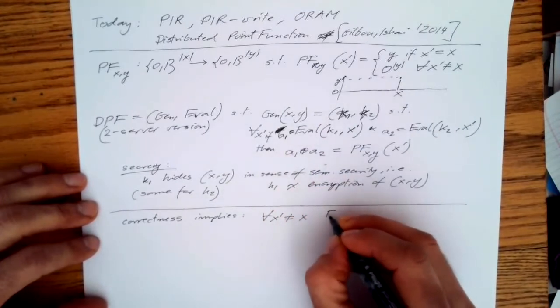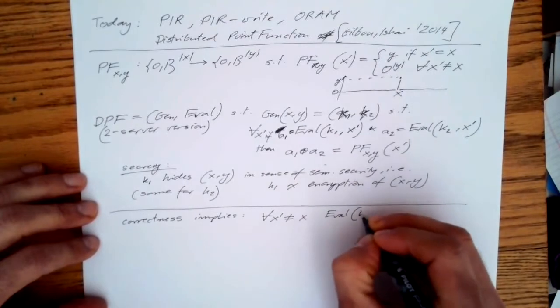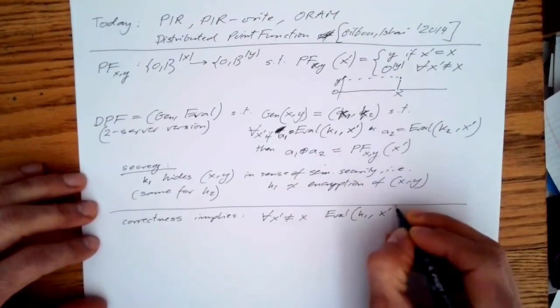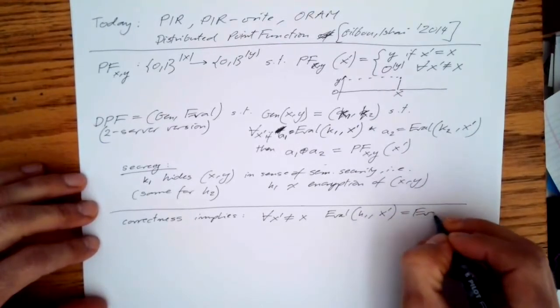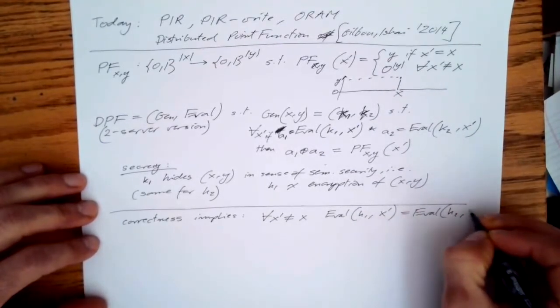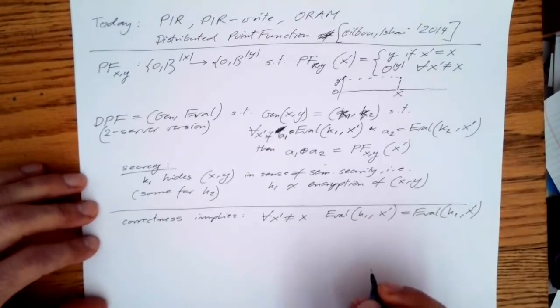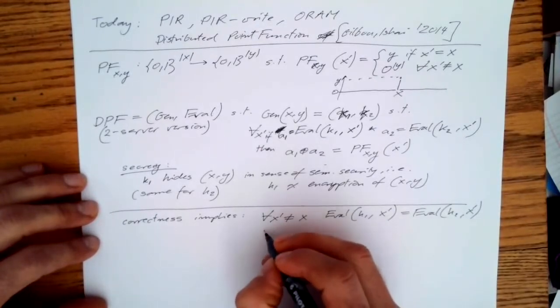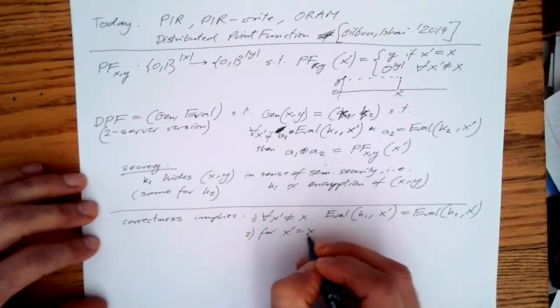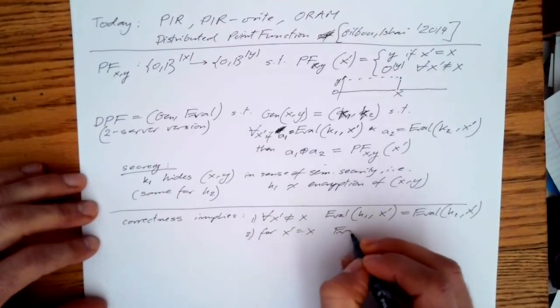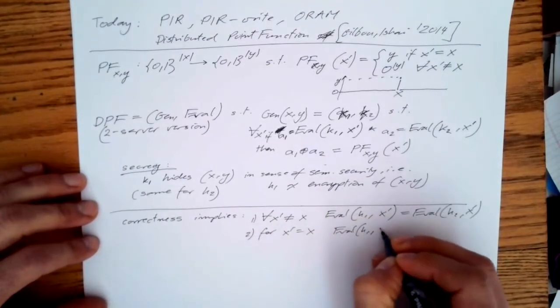In other words, eval using K1 at X prime is the same as eval using K2 at X prime. But for X prime equal to X, the two XOR to Y.